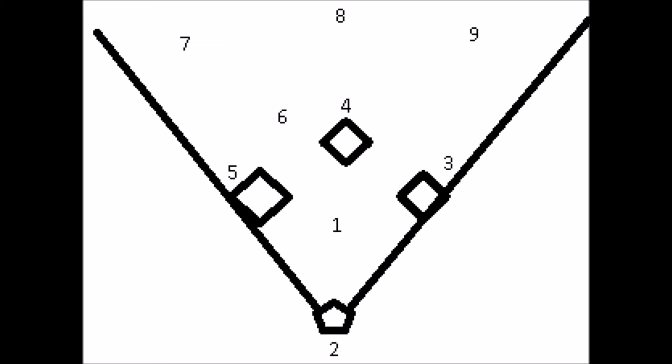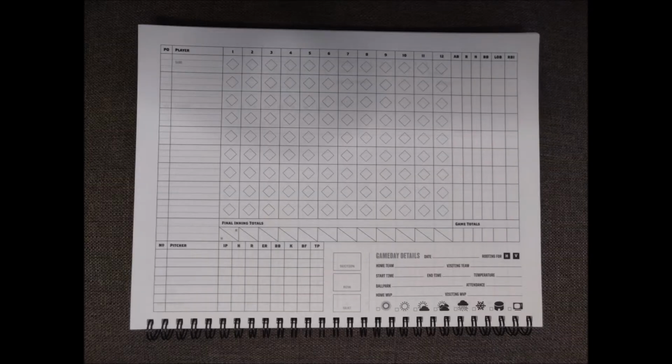Now, let's take a look and start from the beginning with the starting lineups. If you've never seen a scorecard before, this is it. This is our starting point. There's room for 12 innings of play, which I personally have hit before. That's where it gets really fun. Stats on the end for each player. On the left side, player names. On the bottom left, enough room for the pitchers.